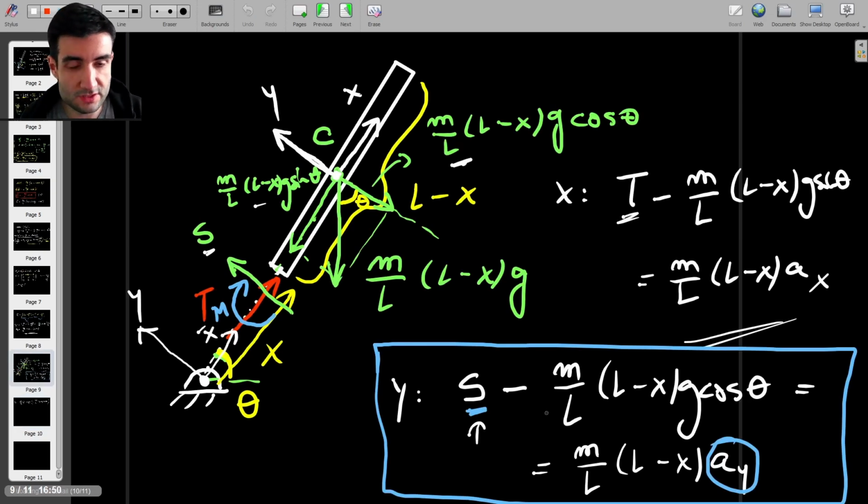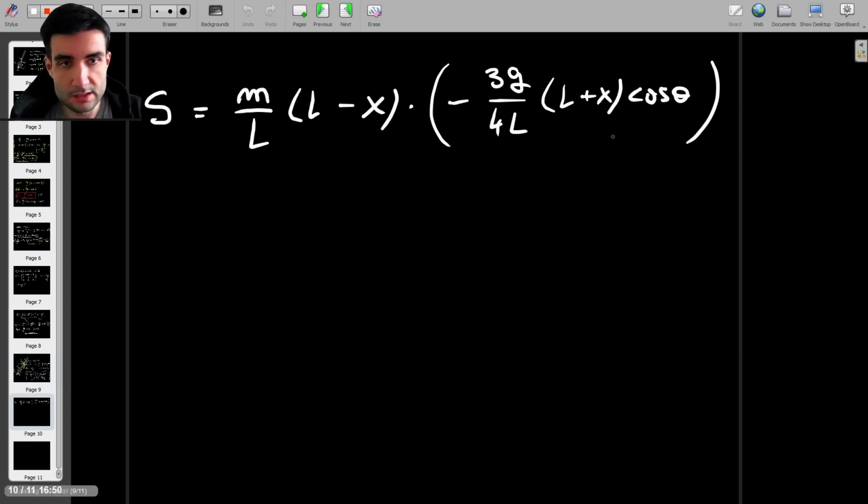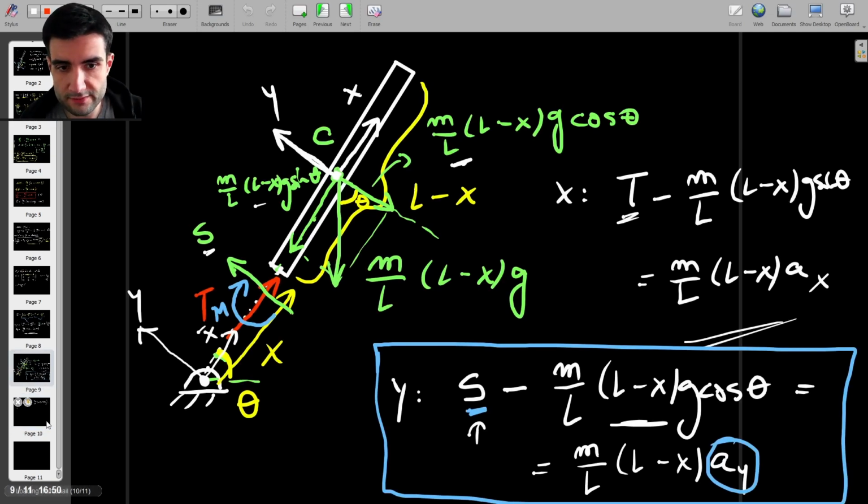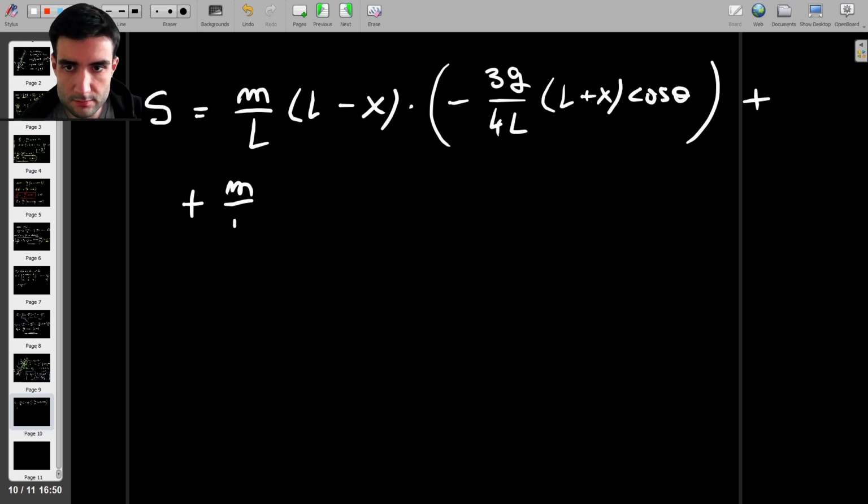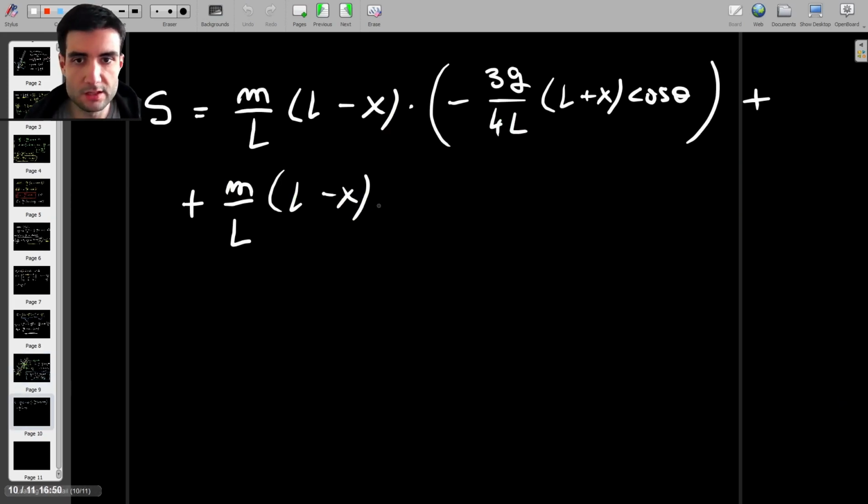Okay, so that's the shear force, and then plus this part here. So that's plus M over L, L minus X, and this should be g cos theta again. So g cosine of theta.